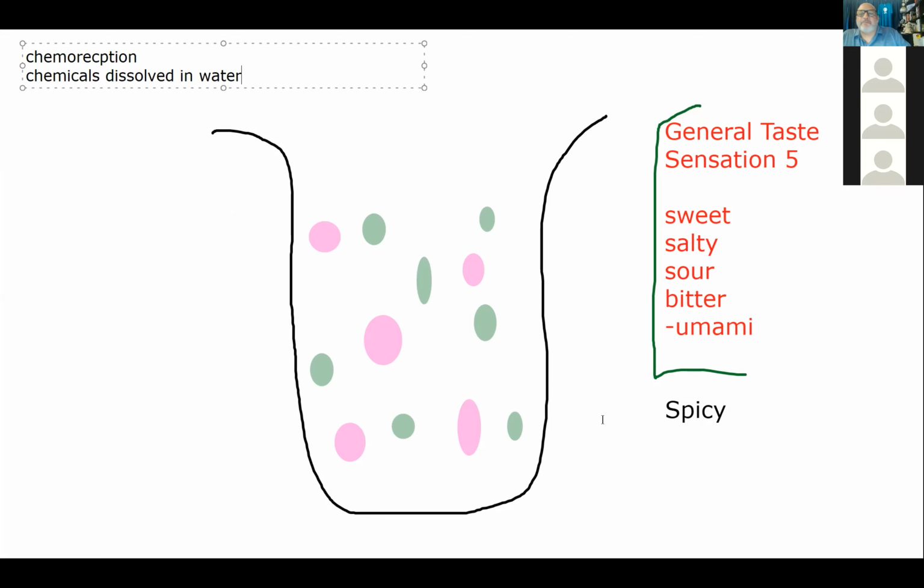All right, excellent. But none of that has anything to do with spicy. Where does spicy come from? Well, remember, these are chemoreceptors. We have a chemical that binds to a receptor.